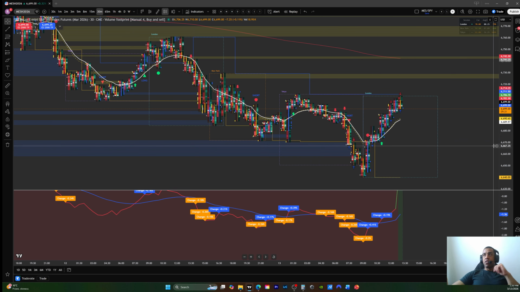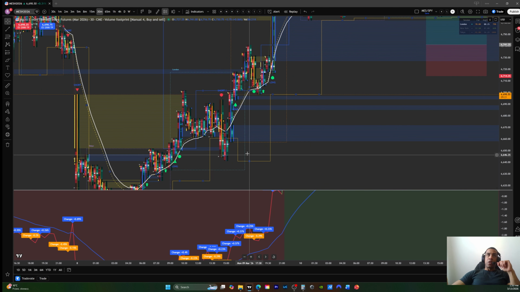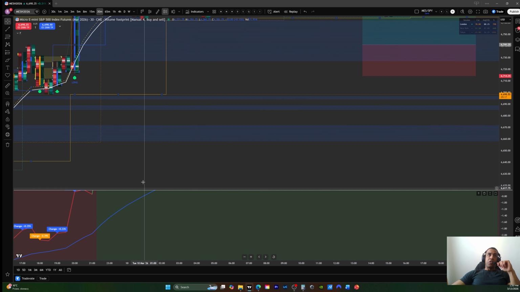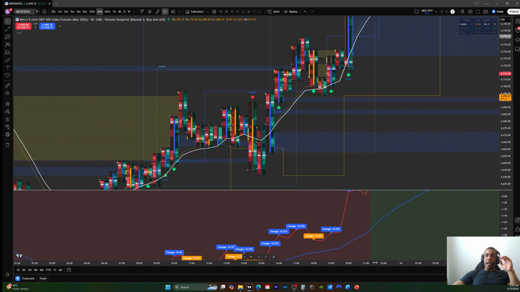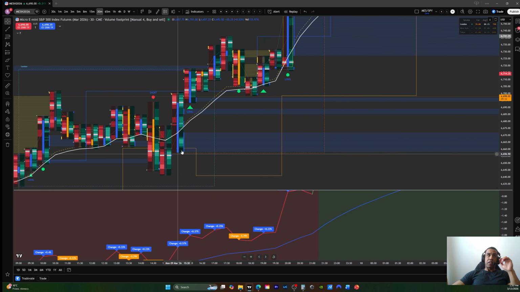Another mistake I made on this trade was not looking at the volume footprint chart. If I had this on, I would have seen this stacked imbalance area over here from Monday the 9th, right? Usually when the candle first prints with a stacked imbalance like this, it usually means continuation up.